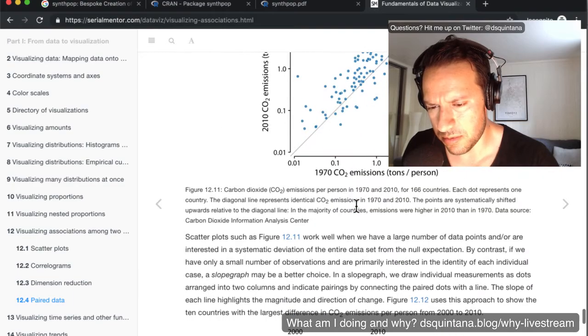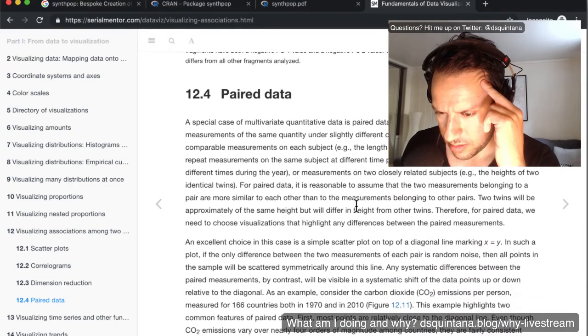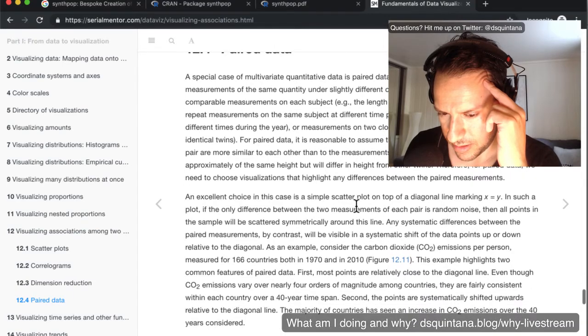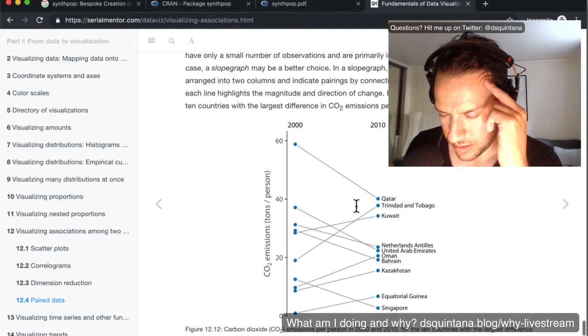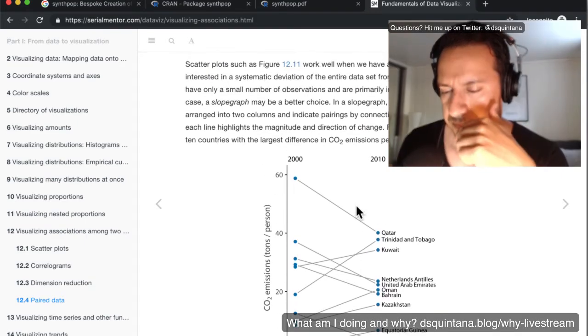Yeah, is that what we want? Maybe. Slope graph.